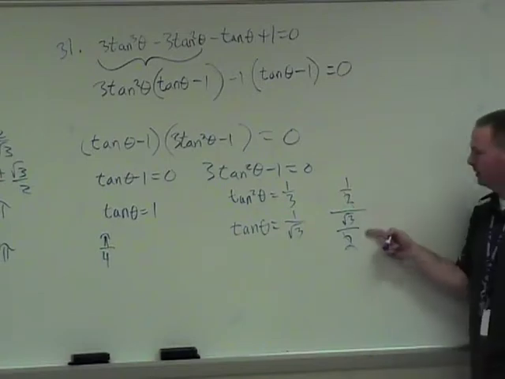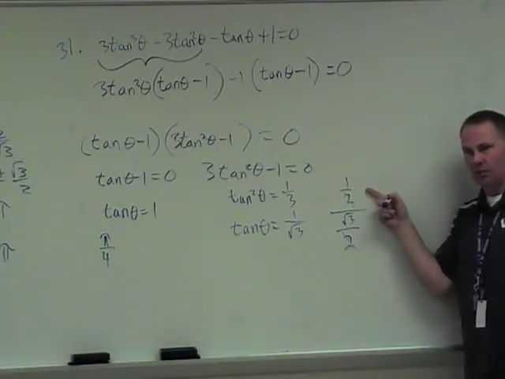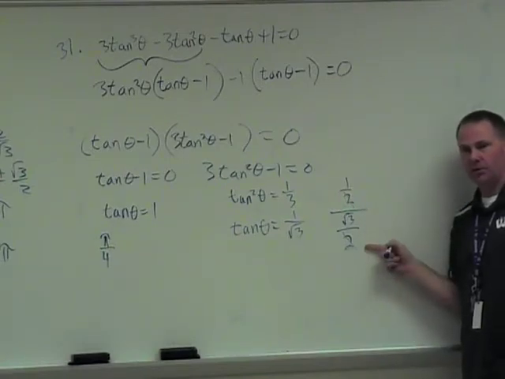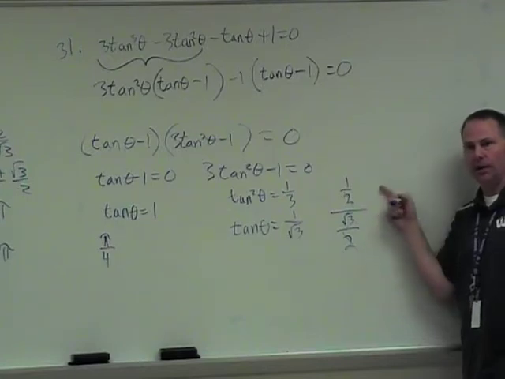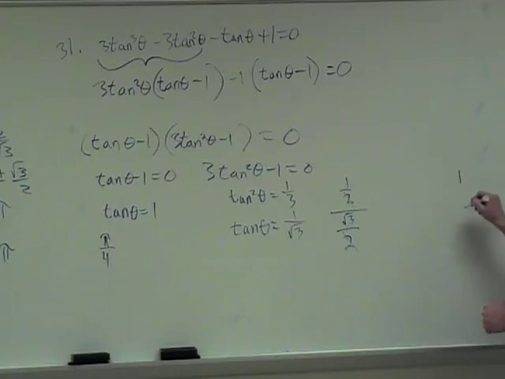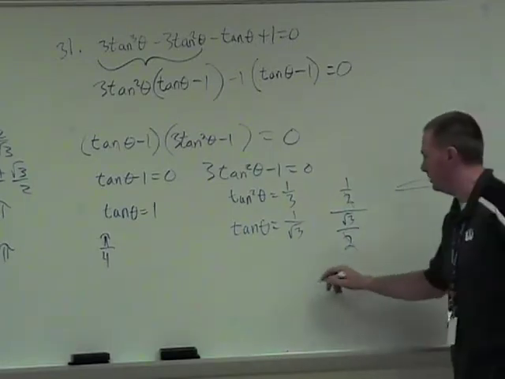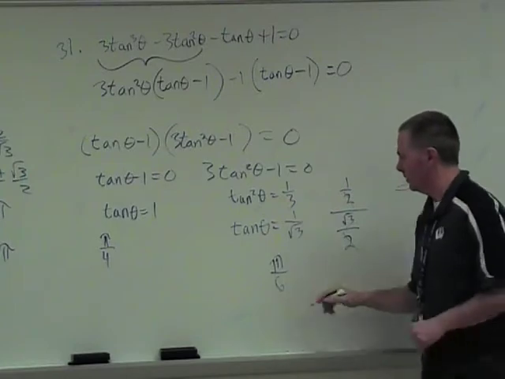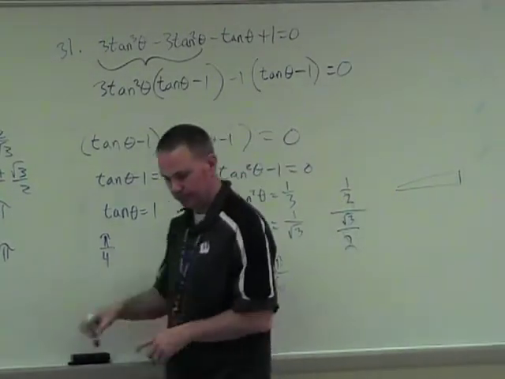What is this? Y is 1/2. X is radical 3 over 2. Where are we at? 30 degrees, which is pi over 6. Good?